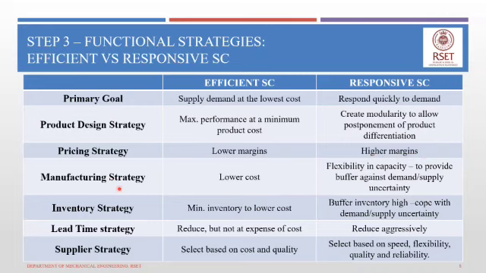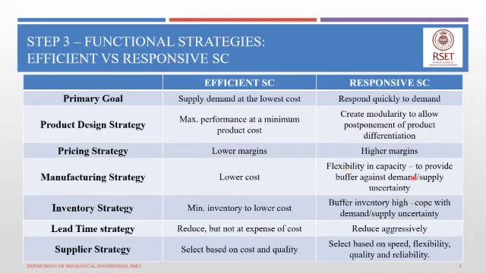Then for manufacturing strategy, the manufacturing should focus upon keeping low costs in efficient supply chains, whereas for responsive supply chains, they should focus upon having flexibility in capacity to provide a buffer against any demand or supply uncertainty. There might be uncertainty in demand and uncertainty in supply of raw materials by the suppliers.